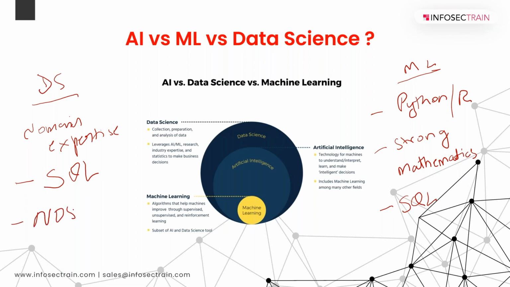Your NoSQL, you should know about NoSQL as well, right? Now, how to do the reporting, how to do the visualization. Again, some things are the same in data science and machine learning, so we need to have those as well. Like mathematics, the knowledge of mathematics will be great for you if you have strong mathematics in data science, right?